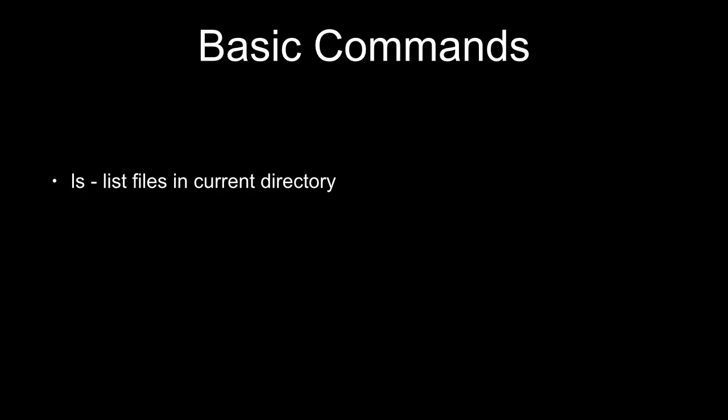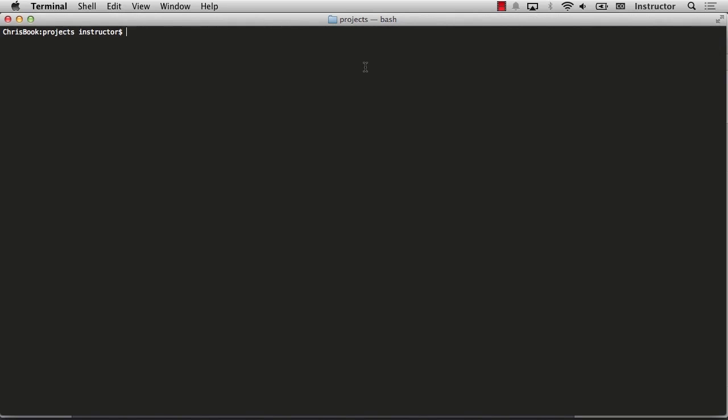The ls command allows us to list all files in the current directory. This will also include a listing of folders. Using ls, or list files and directories, allows us to see all files inside of a folder. For instance, let's say I don't know what projects I have in my projects folder.